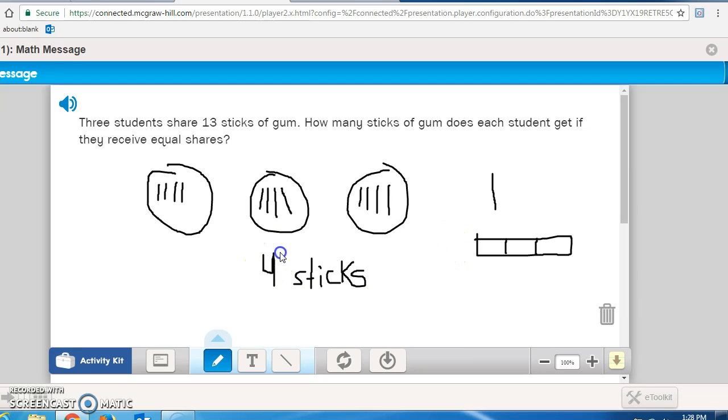So now each student is going to get 4 1/3 sticks of gum. They are all equivalent. Thank you for not judging me too harshly on having perfect sized pieces of gum. But that is how you would solve that problem.